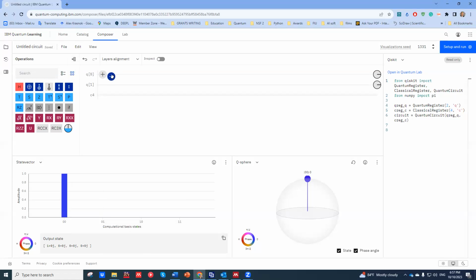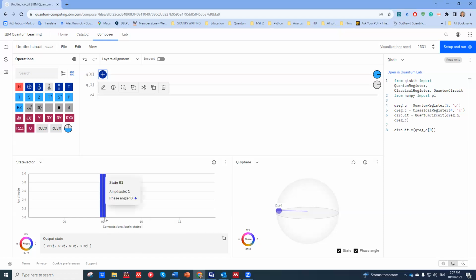And then when I apply this state flip qubit gate, it flips the state from 0 to 1. And we notice that it is the flip of the first one.